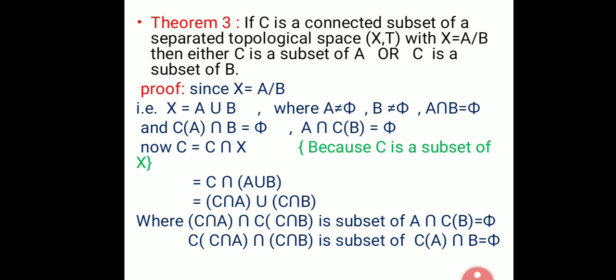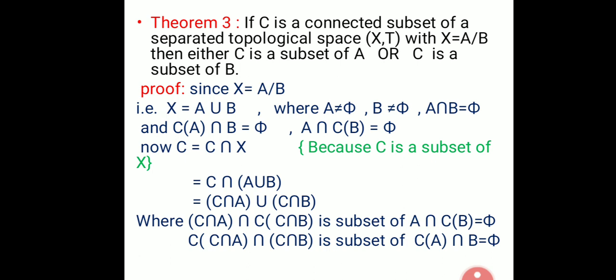Now we can write C is equal to C ∩ X because C is a subset of X. So the intersection of C with X is equal to C only. We can write, as X is equal to A ∪ B, A ∪ B in place of X. So the equation becomes this.